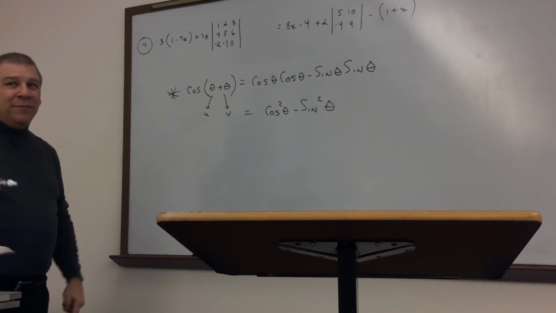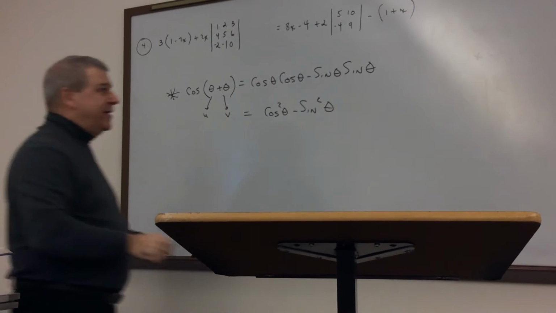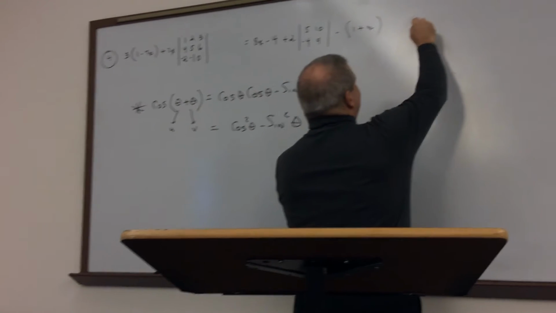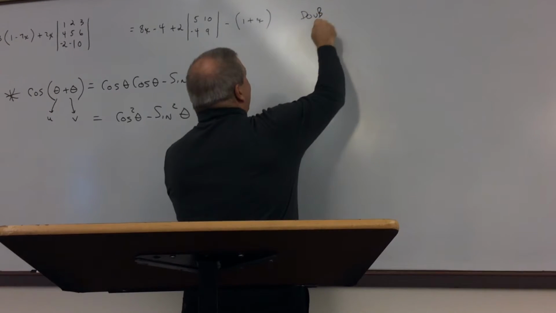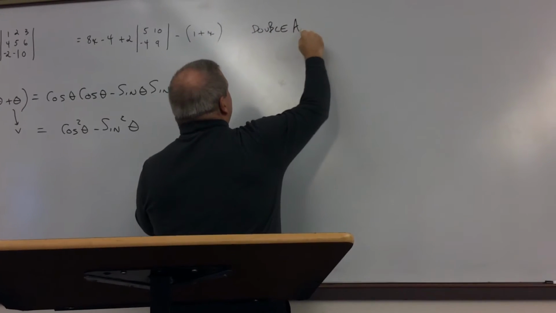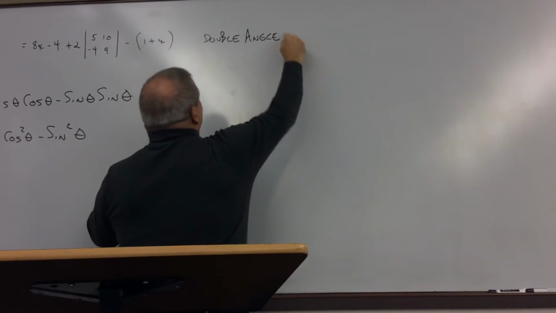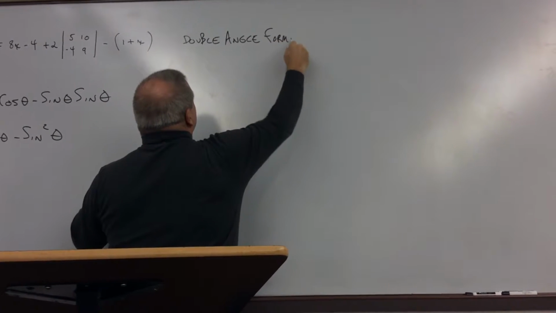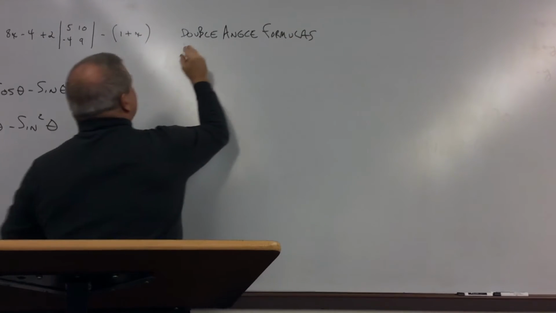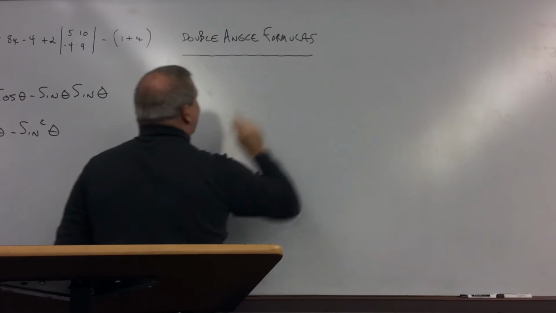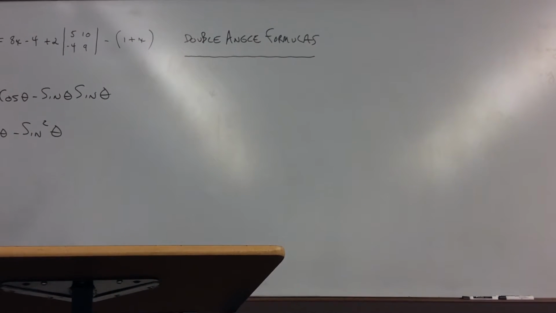Now, what I'm starting to give you today, you can just kind of go off to the side, are double angle formulas. This is what today's class is. Double angle formulas. Because watch what I'm going to do here.